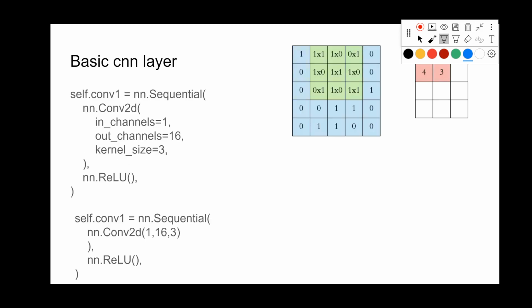Let's take a look at it. For the most basic CNN layer, we can use this function to define it, nn.Conv2d. For this function, we can specify the number of input channels, the number of output channels, and the kernel size. Those three are required.